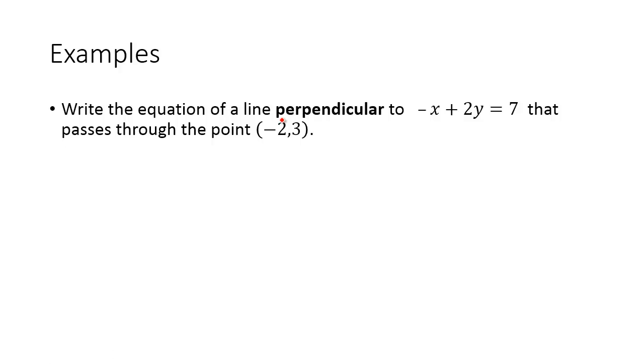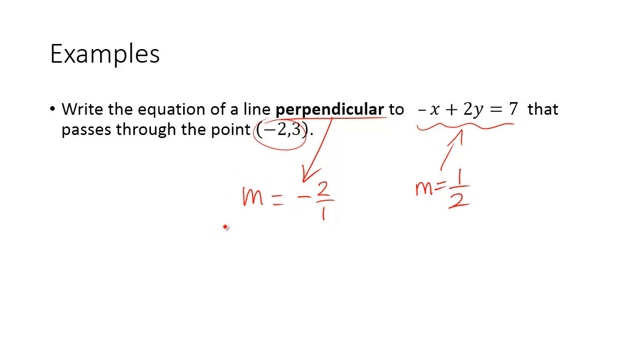Another example would be to write the equation of a line that's perpendicular. This is the same equation, and remember, all we needed to know from that was the slope, and the slope was 1/2. But a perpendicular line is going to have the negative reciprocal slope of the existing line. So essentially, we need a slope of negative 2 and a point of negative 2, 3.